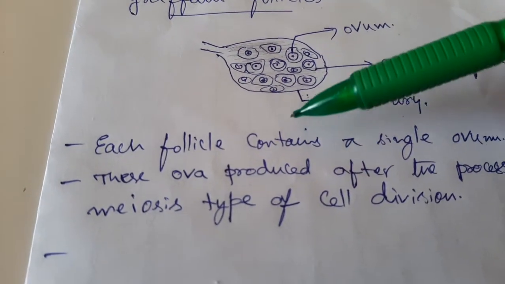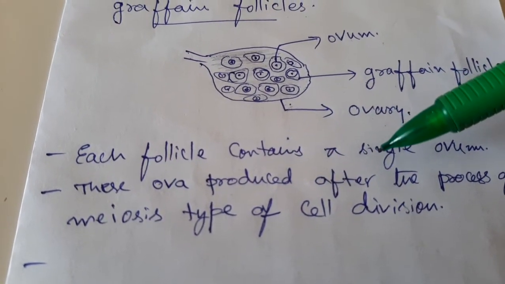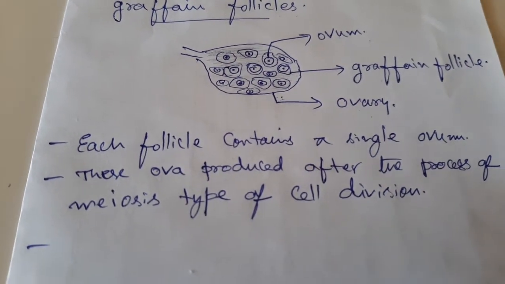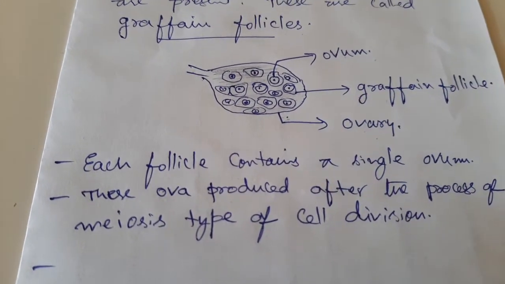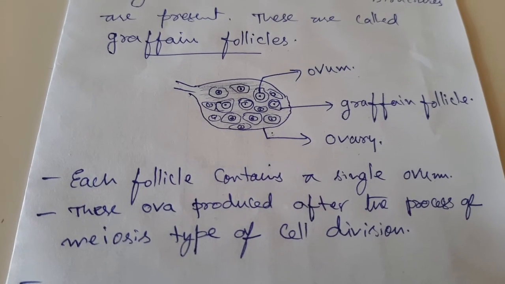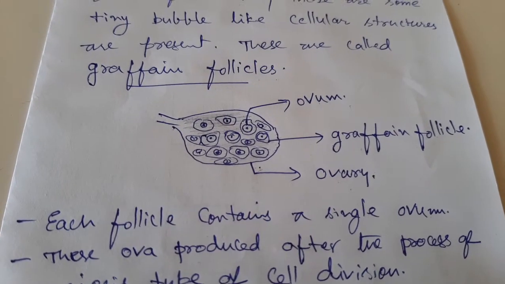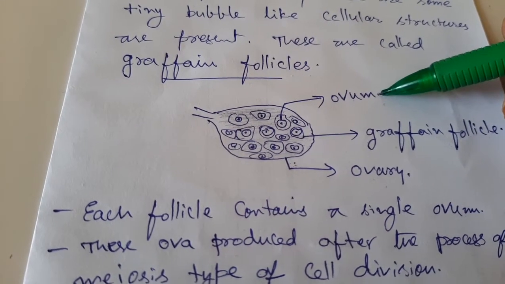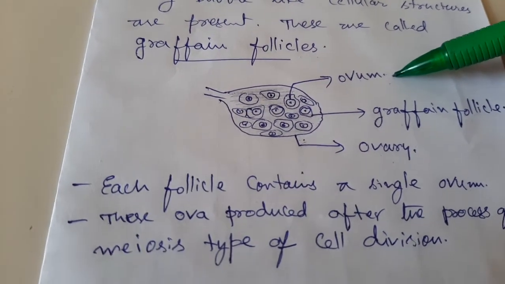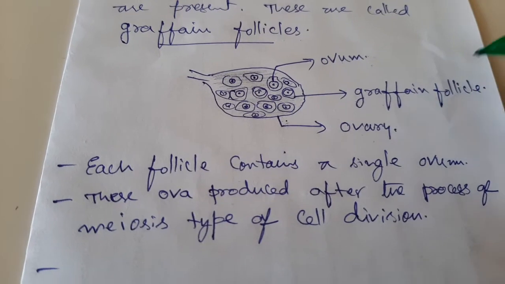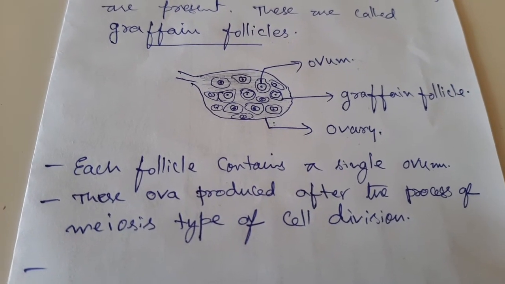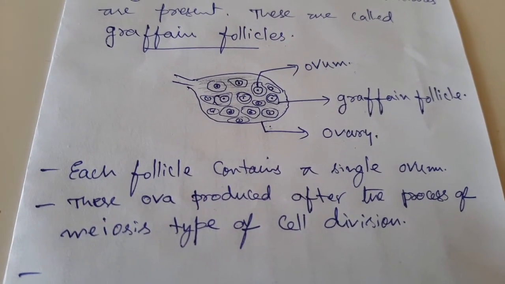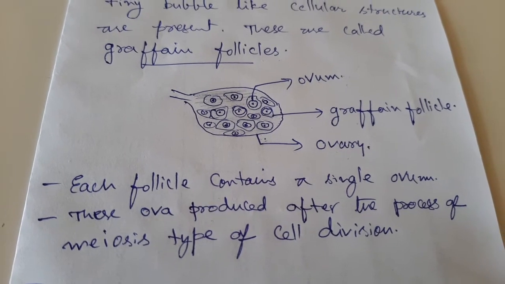This ovum is produced after the process of meiosis type of cellular division. That is important. Ovum is a female gamete. Ovum is the female gamete. So it is produced by the meiosis type of cell division.